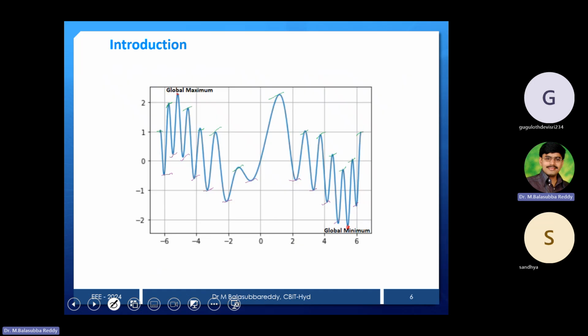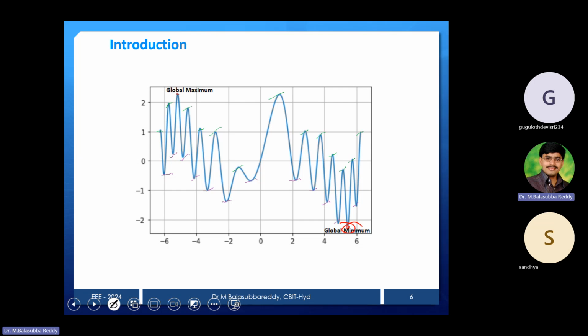Now, whatever I mentioned, g-best and p-best, we can see here in each iteration. In a maximization problem, the one with the highest magnitude is the global maximum. The minimum point we can see as the global minimum.